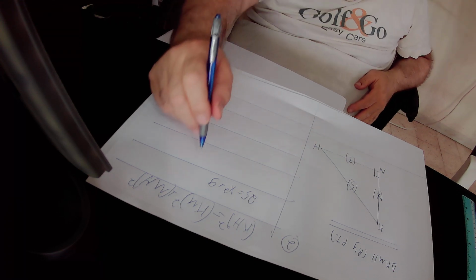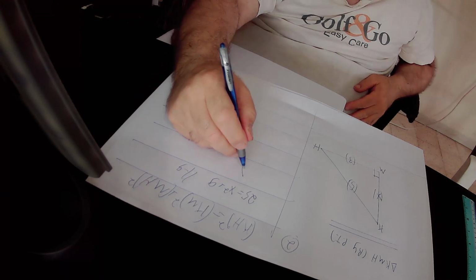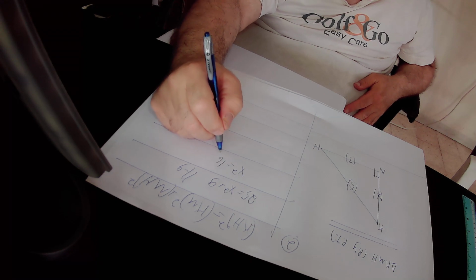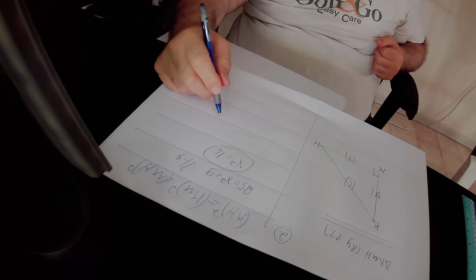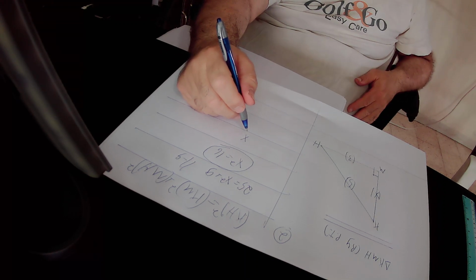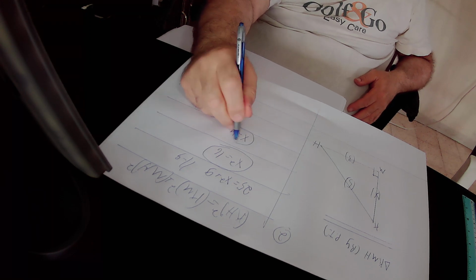Here we subtract 9 from this equation, and we get that x squared equals 25 minus 9, which is 16. So x squared equals 16. We take the square root of this equation, and we get that x, that is the radius of the small circle, equals the square root of 16, that is 4.